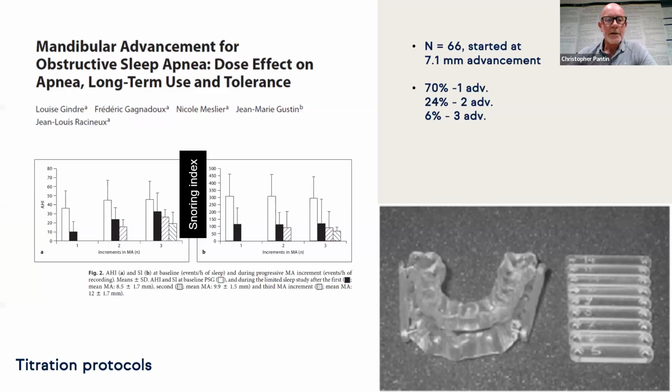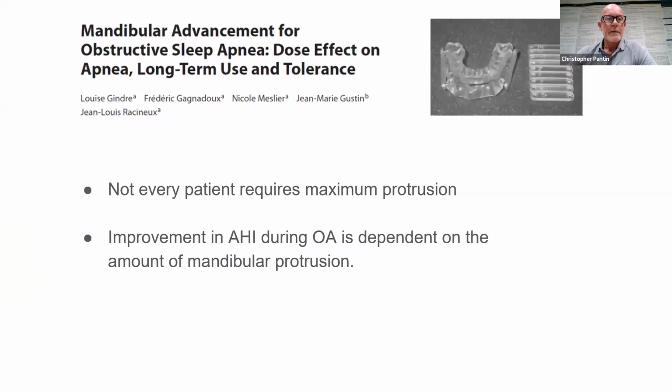Okay, so we've already seen this study. The other important point out of this is that not every patient requires maximum protrusion, as shown by the fact that some of them required 3 adjustments to get the outcome, even then it wasn't maximum protrusion.